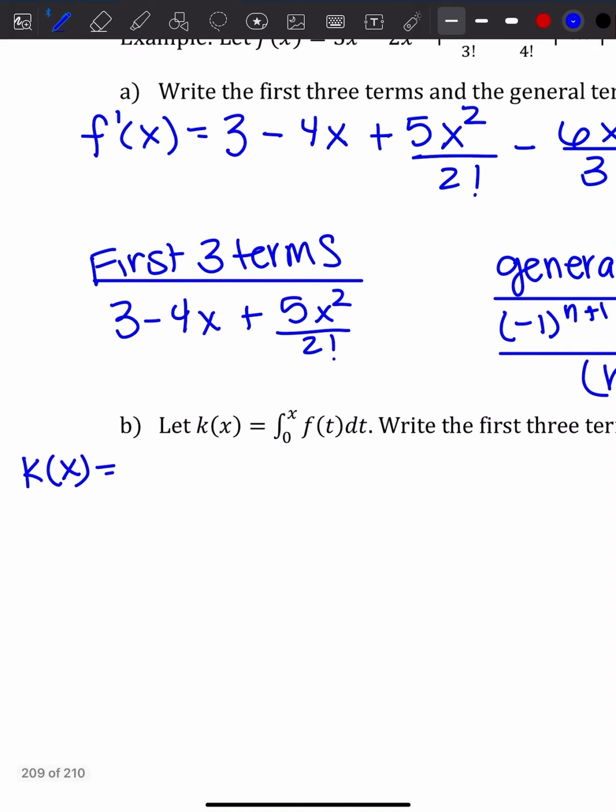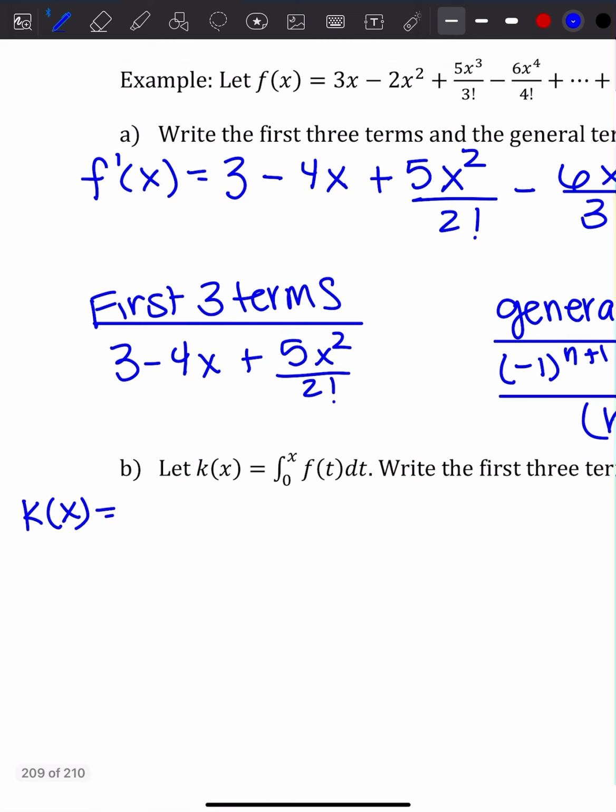We want to remind ourselves to look back at the original equation, so 3x. The antiderivative of 3x, we add 1 to the exponent and divide by it. So we have 3x squared divided by 2. We have 2x squared, and it's minus. So we have 2 times x cubed over 3.